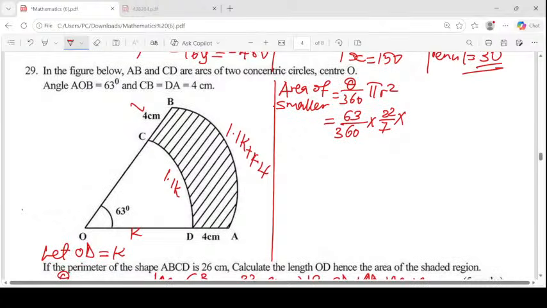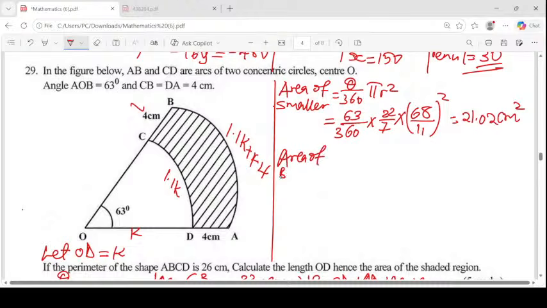So I'll have 68 over 11 squared, which evaluates to, let me see, 63 over 360 times pi times 68 over 11 squared. This is 21.02 square centimeters.